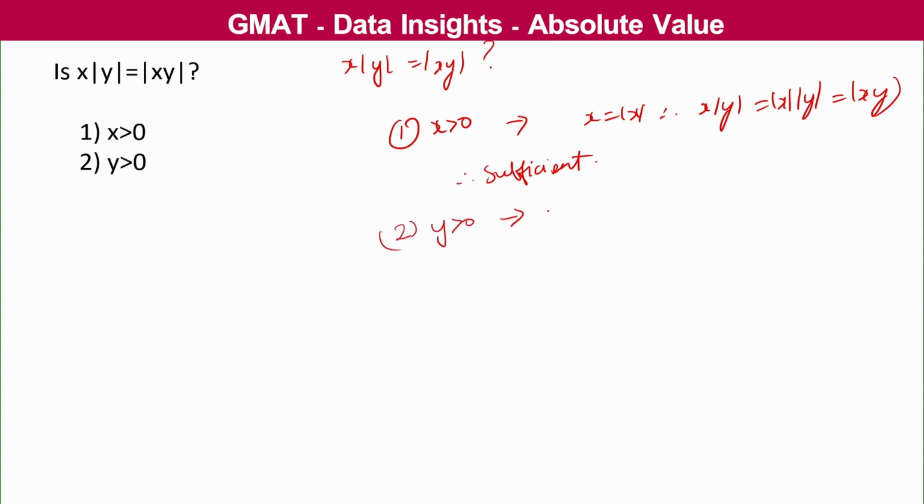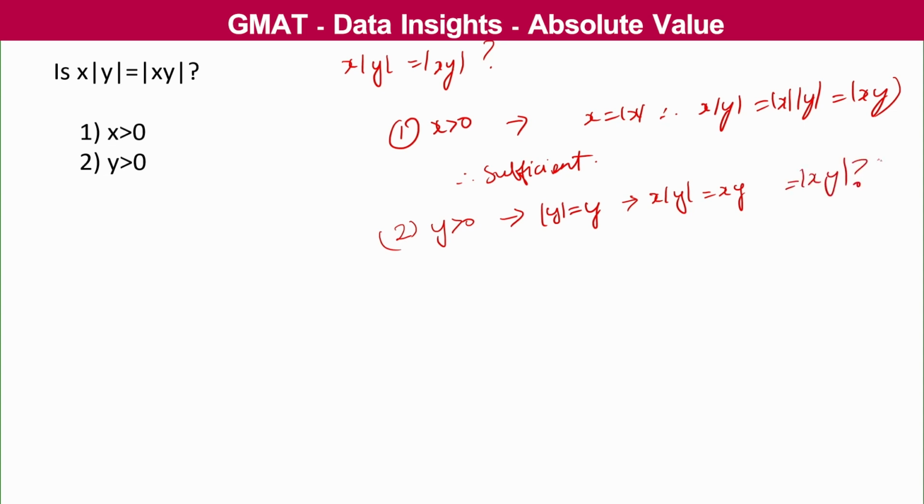Statement 2 says that y is greater than 0. So with y being greater than 0, you can say that mod y is equal to y, but you cannot say anything about x. Mod x can be equal to x or minus x, x can still be positive or negative. Therefore, x mod y, we can write it as x into y, but we cannot determine whether or not it will be equal to mod of xy.